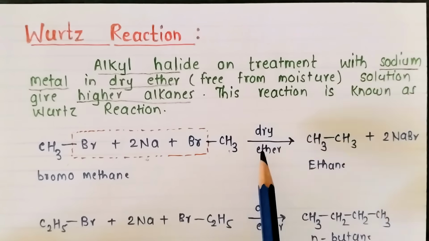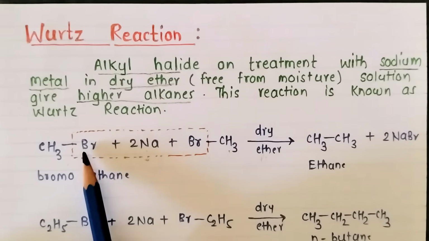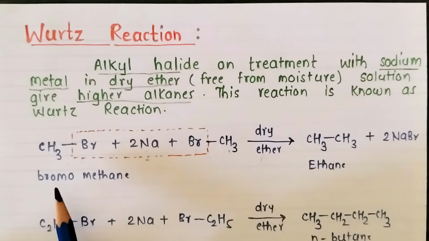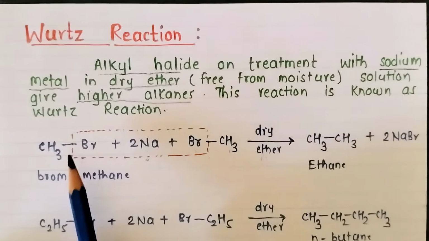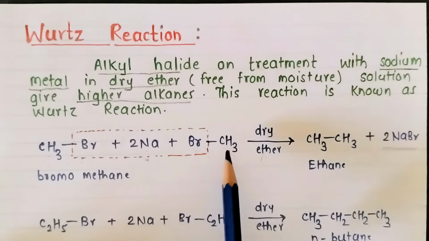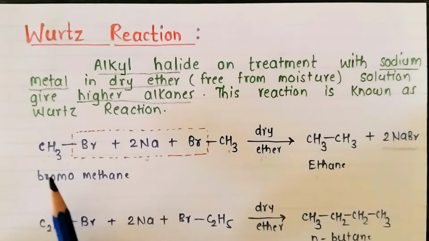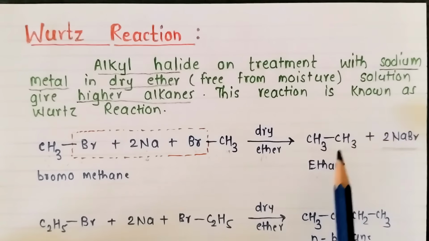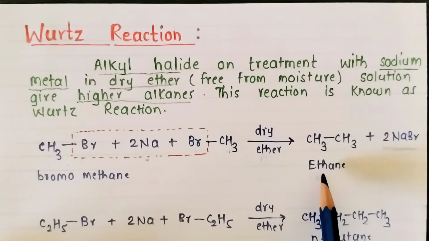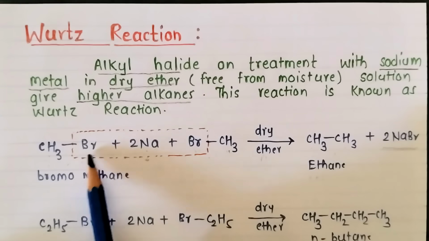Two sodium atoms and two halide atoms of the alkyl halides are removed as twice NaBr, and the remaining alkyl groups are joined together to form ethane. Means these two methyl groups are joined together to form ethane. So this is an alkane.